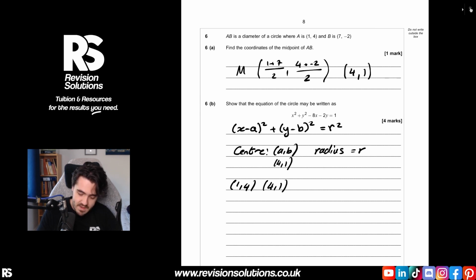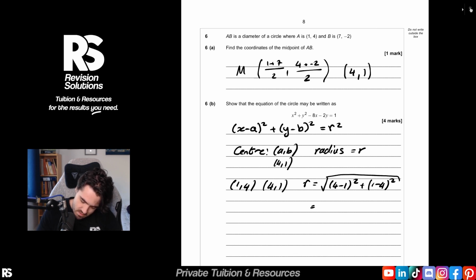So using some Pythagoras, we're going to see that the radius is going to be the square root of 4 minus 1 squared, the difference in the x's, plus 1 minus 4 squared, the difference in the y's, which would be the square root of 3 squared plus 3 squared, so 9 plus 9 is 18. And I'll just leave it in that form because we're going to wind up squaring it in a second anyway.